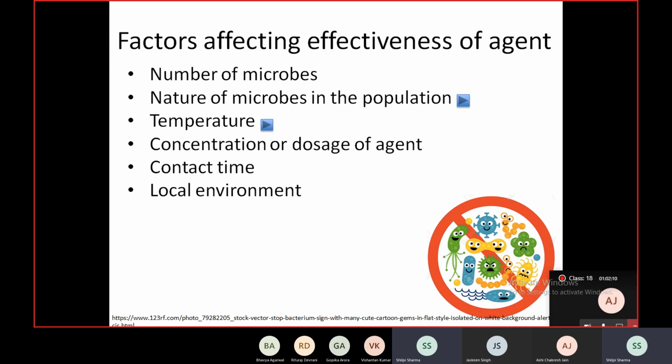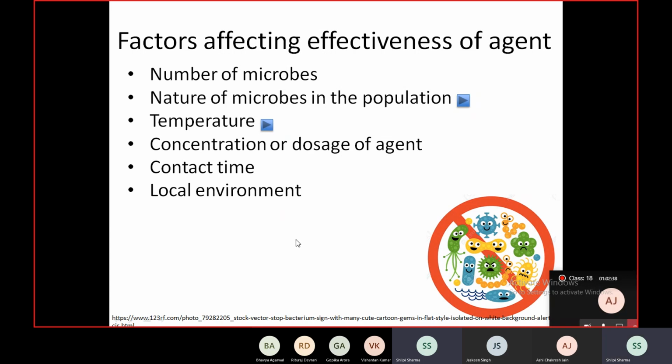And I asked you to find out the reason. So while concentration or dosage is a factor, it does not work on a larger scale. The duration of exposure: the longer a population is exposed to a microcidal agent, the more organisms are killed, and this you saw in the graph that I just showed you. That is about the contact time.